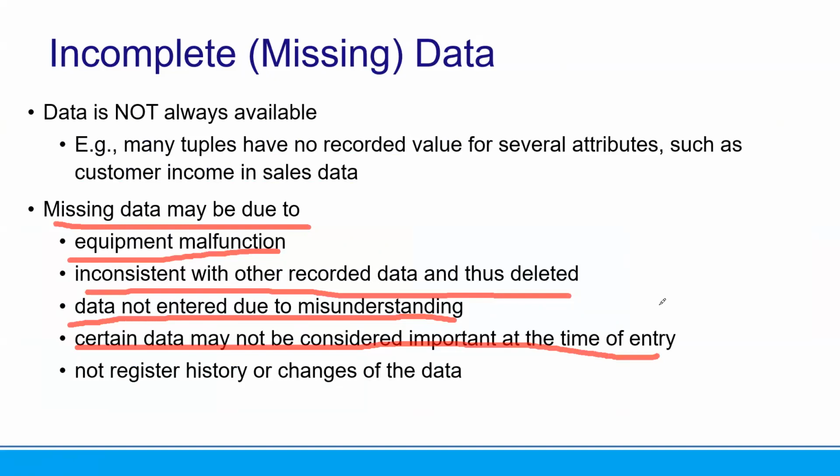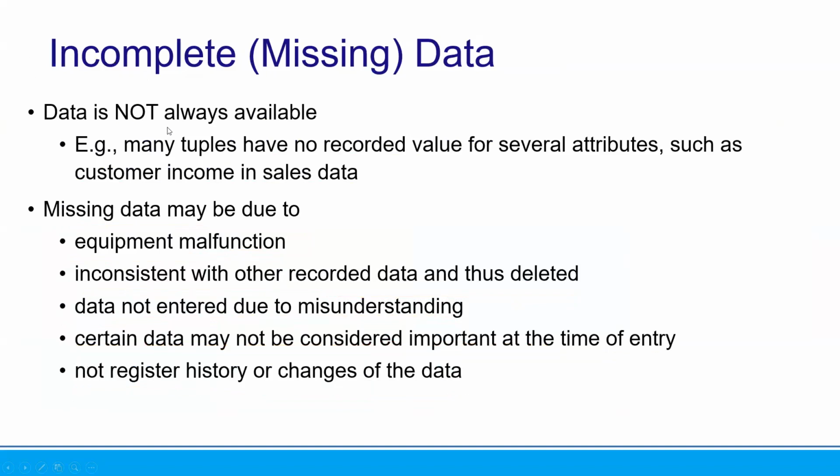They do not ask your address. So your address will be empty. But it is important. So we can say that is the missing data. Or not registering the history or changes of the data. So this kind of thing happens and it causes the incomplete data.